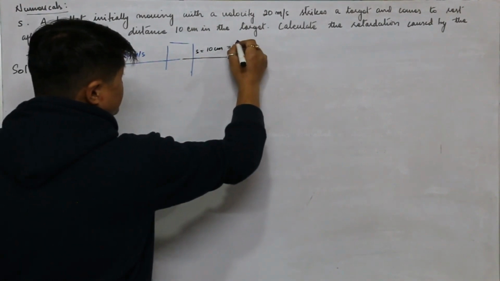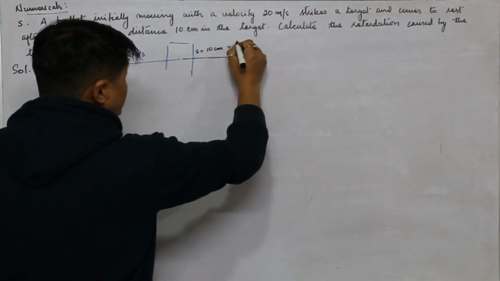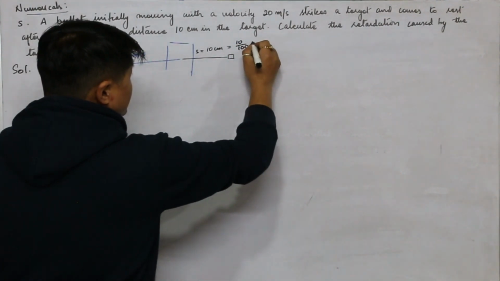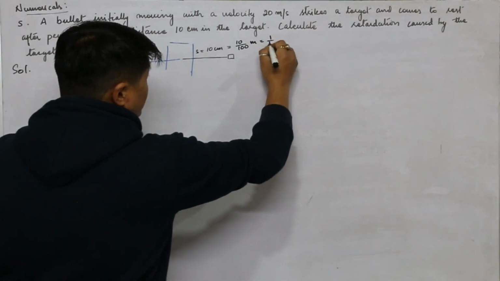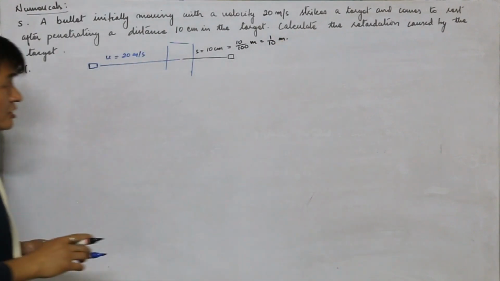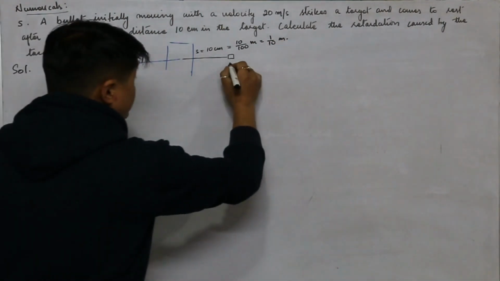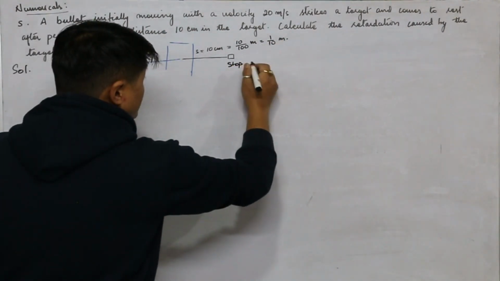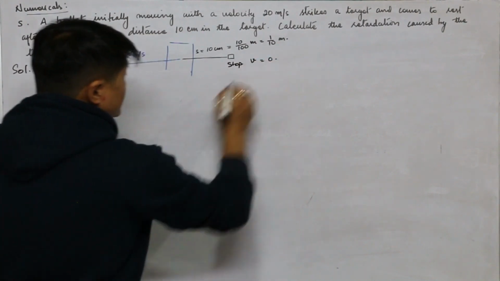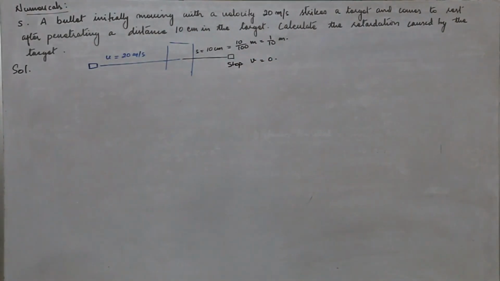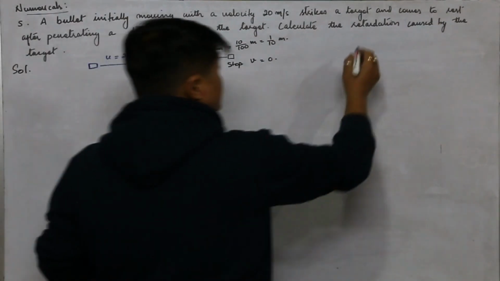So this has to be converted into meter, SI unit, that is 10 divided by 100 meter is equal to 1 by 10 meter. Okay, so the bullet finally will stop. So here final velocity will be 0. So we have to find the retardation.